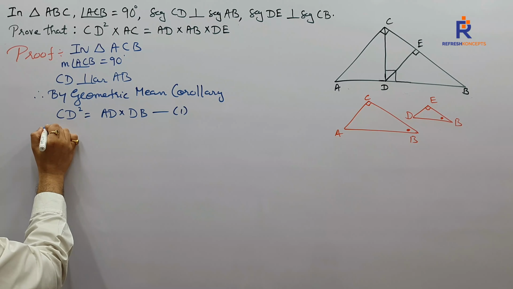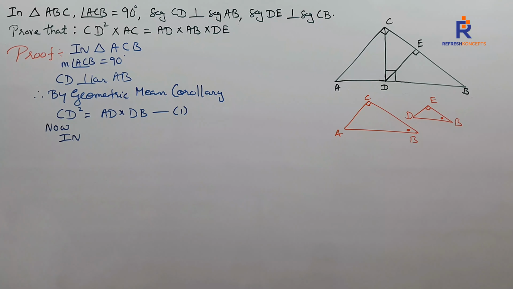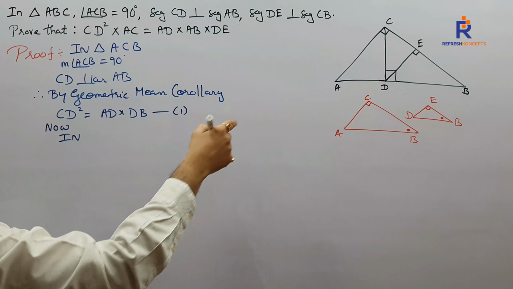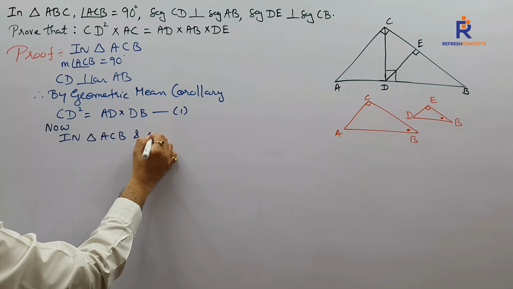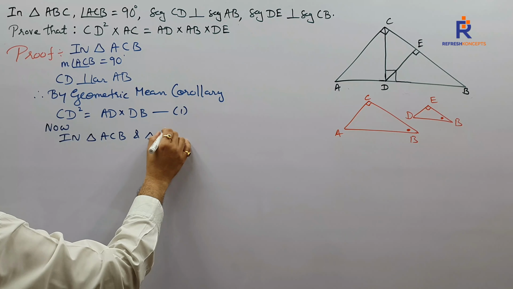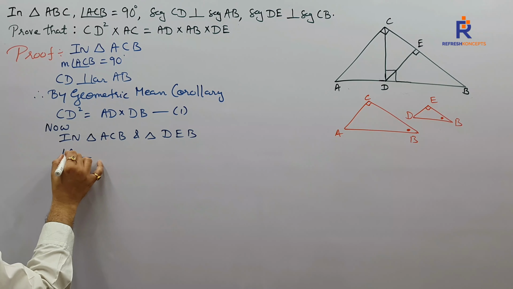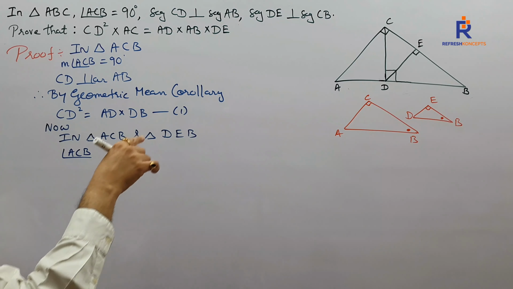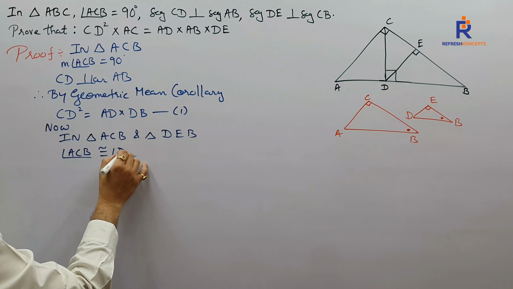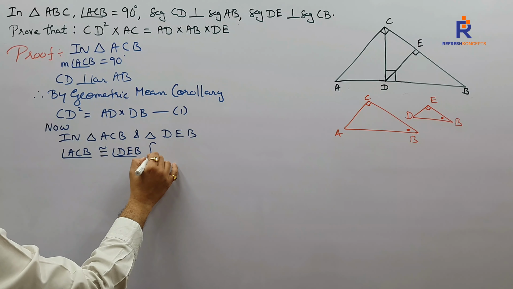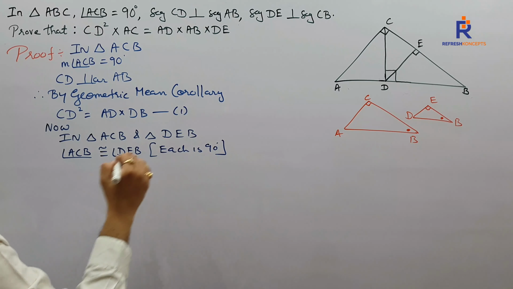Now, in triangle, one-to-one correspondence is the key. What is it? In triangle ACB and triangle DEB, angle ACB is congruent to angle DEB, each is 90 degrees.